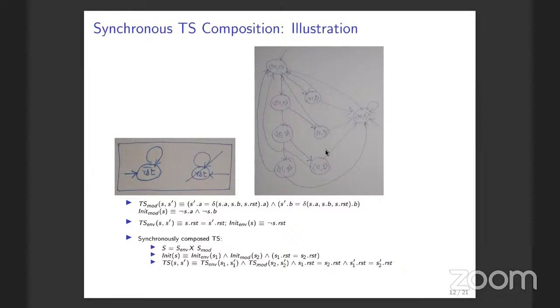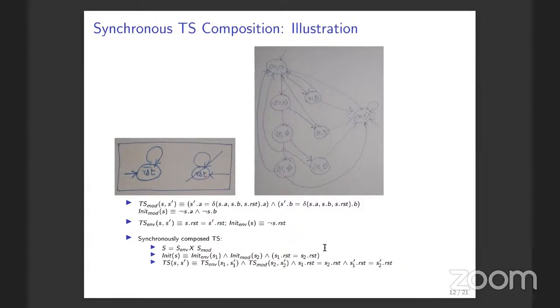It can read or use the inputs to determine the next state value of its state variables, but it should not. If you use this convention, you have to make sure that you don't inadvertently or mischievously change the inputs in your subsystem when you define its transition relation. That is a convention that you'll have to follow.